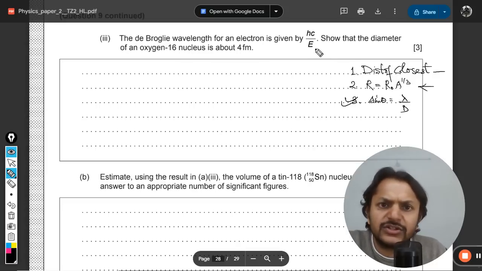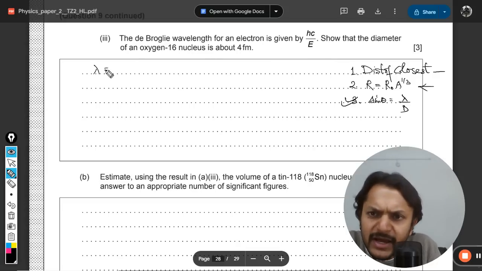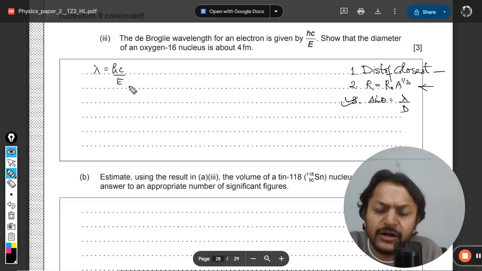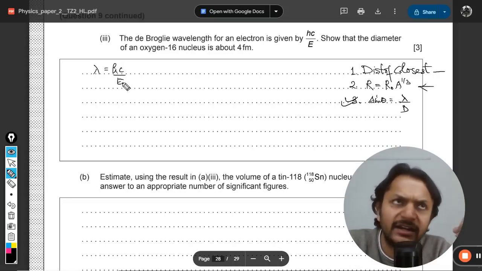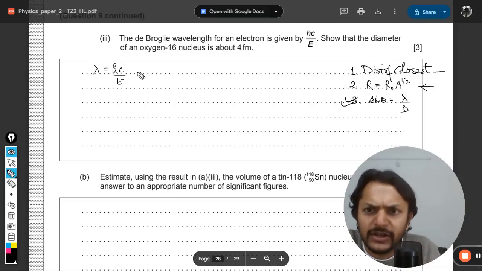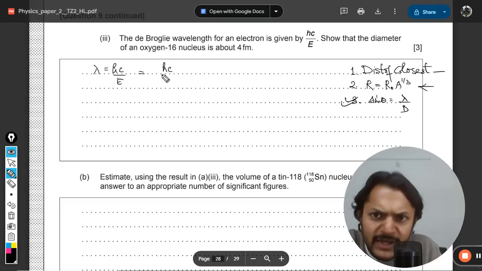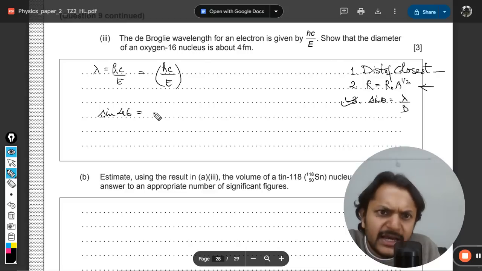So the wavelength is given by hc by E, the formula is there, and E we have already found in joules, that is 7 into 10 power negative 11. So h and c will have some value, E will have a certain value. This is the wavelength. Theta is 46. So according to me, sine theta is lambda divided by d.